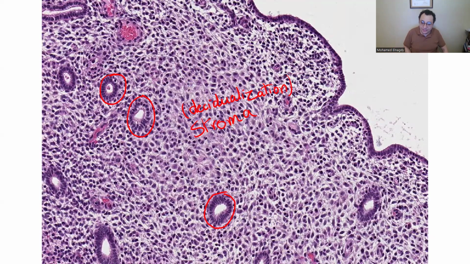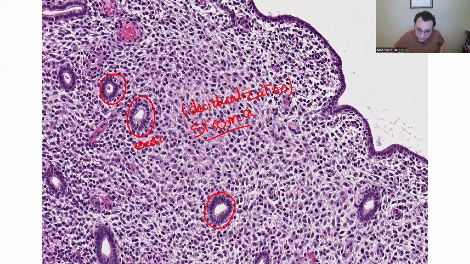Decidualization happens with either progestin OCPs or IUDs secreting progesterone. The progesterone acts as an anti-estrogen, so it inhibits the estrogen effect on the endometrial glands. This leads to endometrial glandular atrophy and wide spacing.